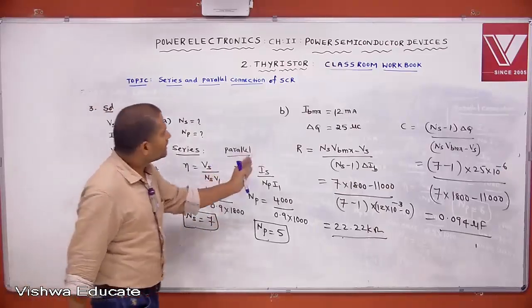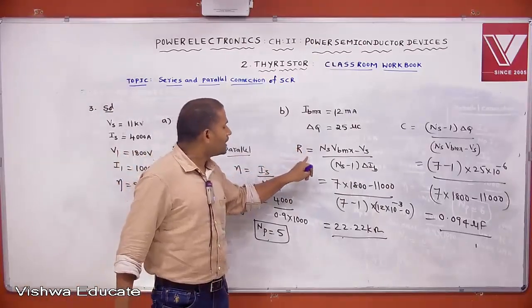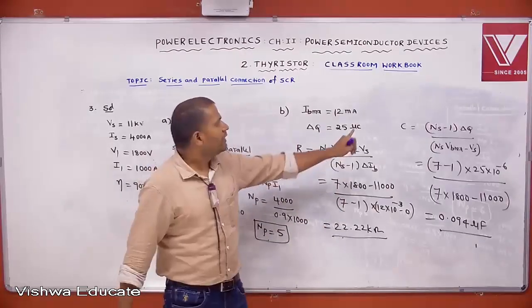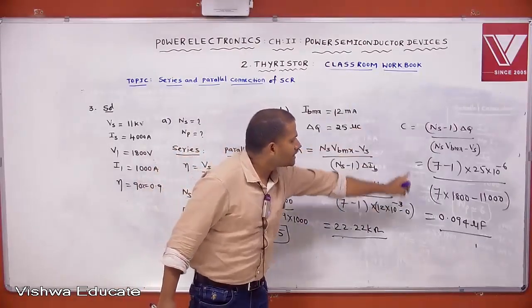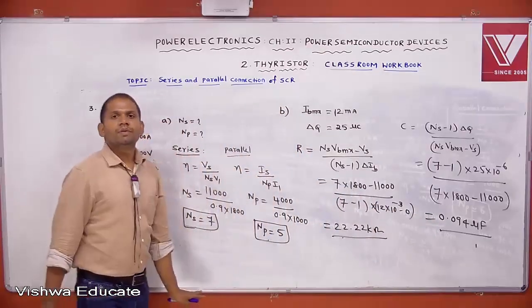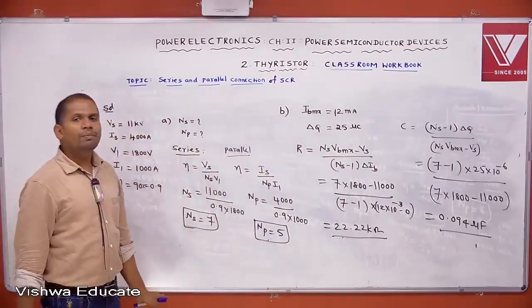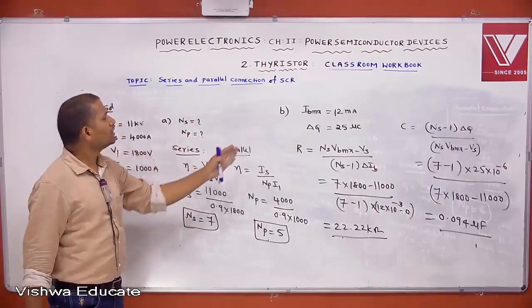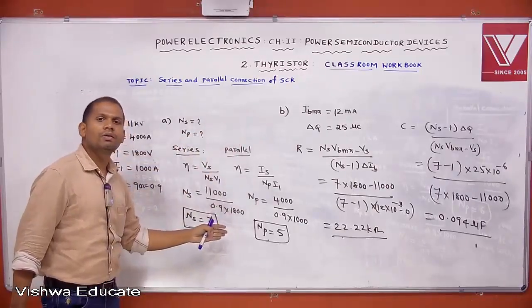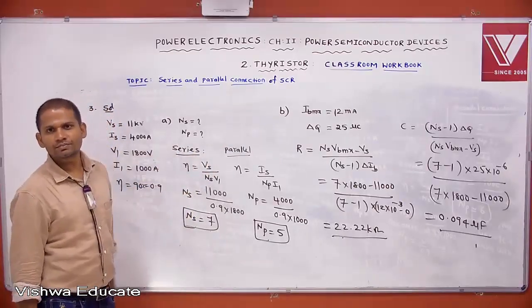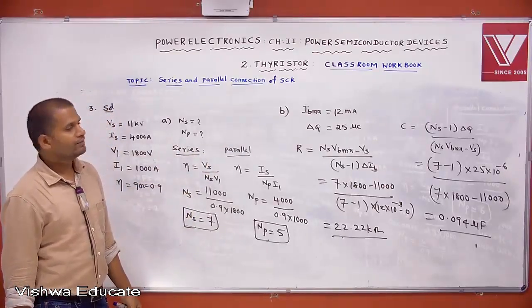Then I extended this problem: if they ask for the static equalizing resistance, apply this formula; if they ask for the dynamic equalizing capacitance, apply this one. With this, the detail about series and parallel connection is completed. These are some classroom workbook questions based on series and parallel connection. Three questions I solved; this is enough. Understood? Okay, note down this.